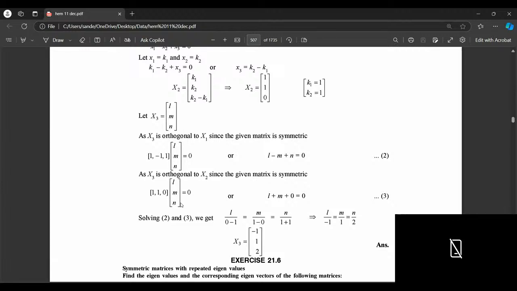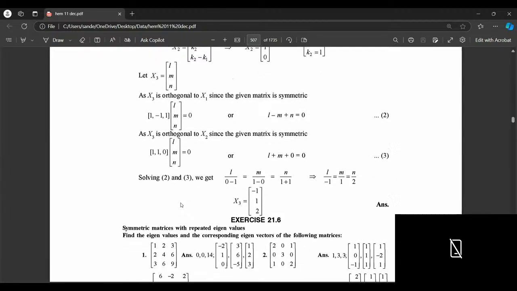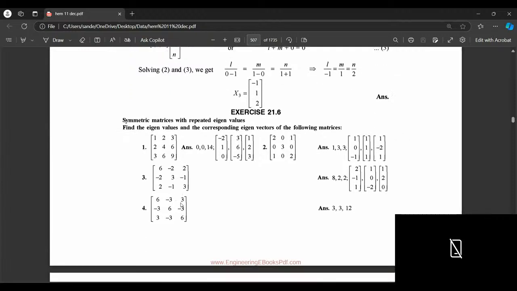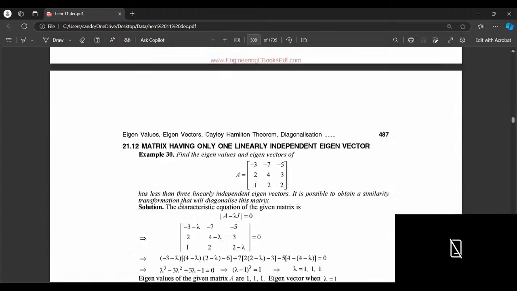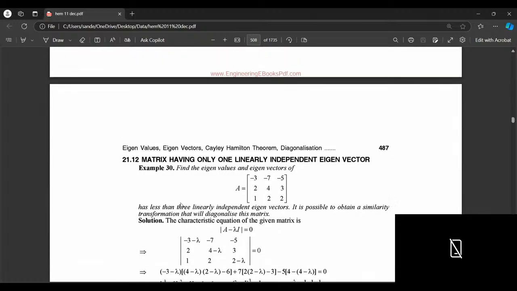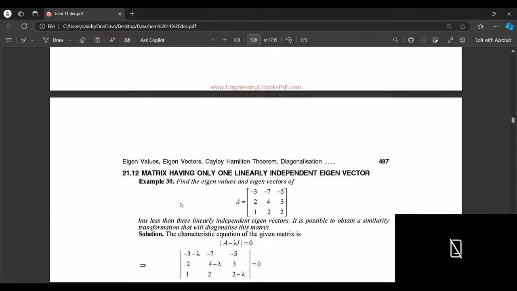It is essential: if the matrix is symmetric, you go in the proper way to find the third eigenvector. The orthogonality property is applicable here. So again, here is some exercise for symmetric matrices with repeated eigenvalues. There are different examples given here. You can see.